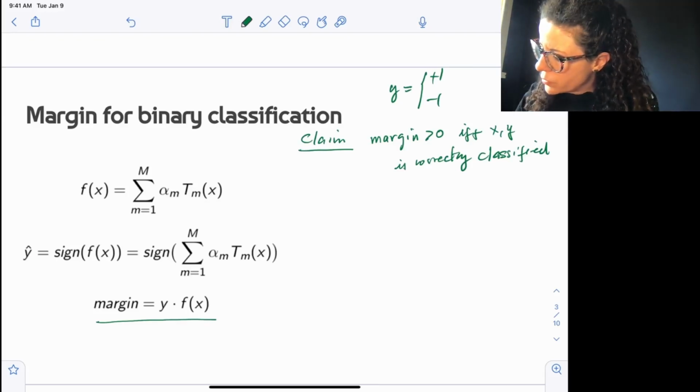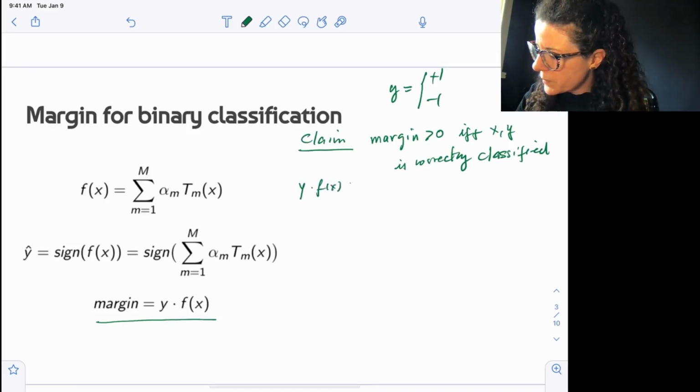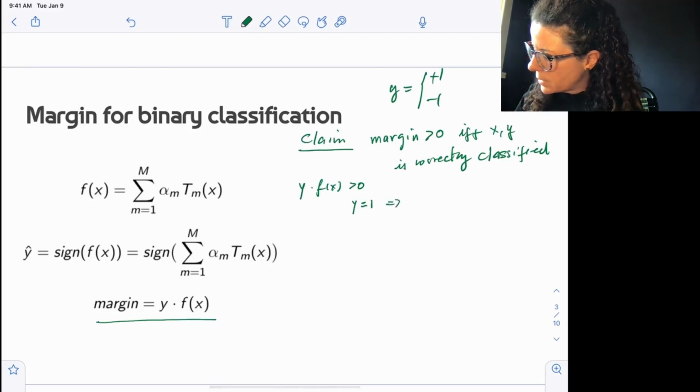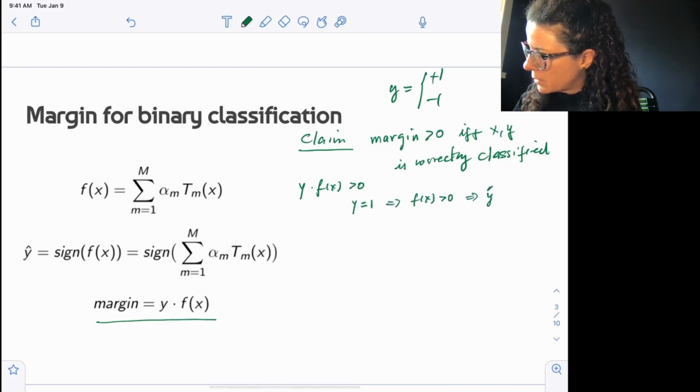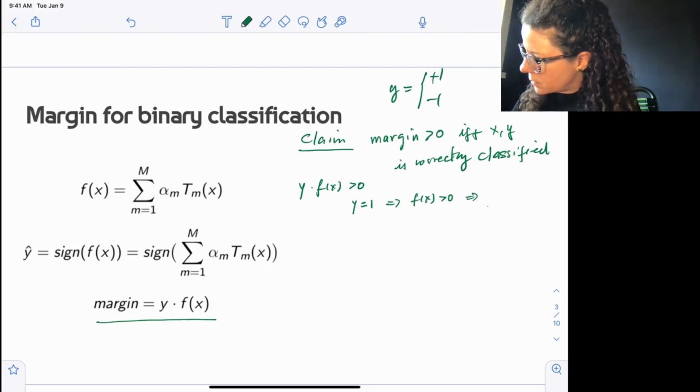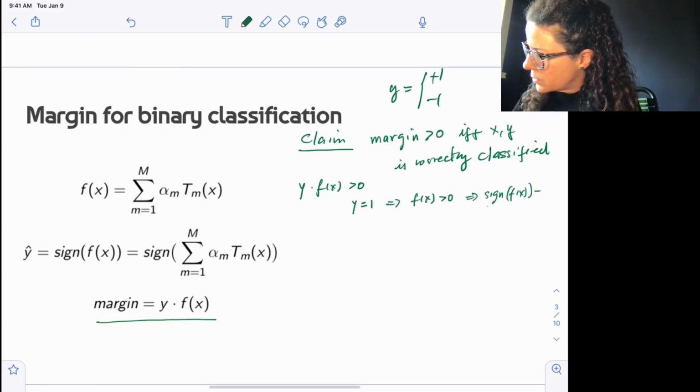Suppose that the margin is bigger than 0, meaning y times f(x) is bigger than 0. We have two possibilities. In the first, y is equal to 1, which implies that f(x) is bigger than 0, and that implies that y hat, which is the sign of f(x), is 1.